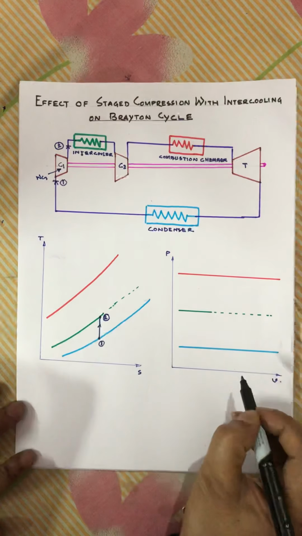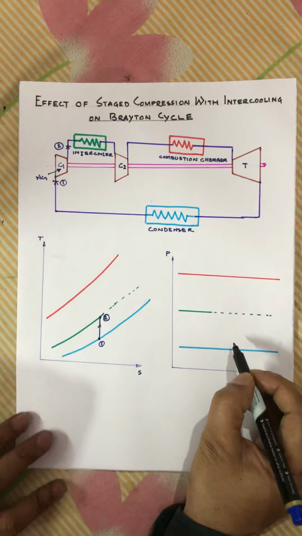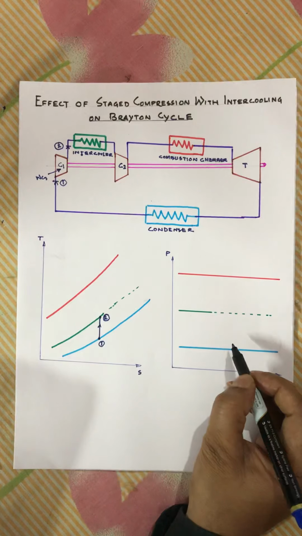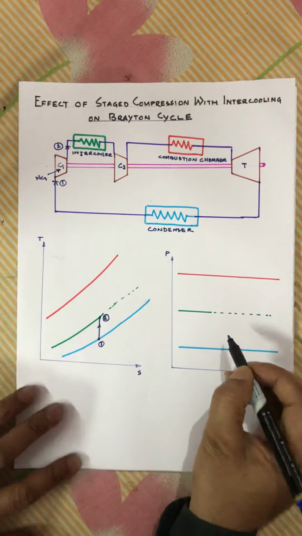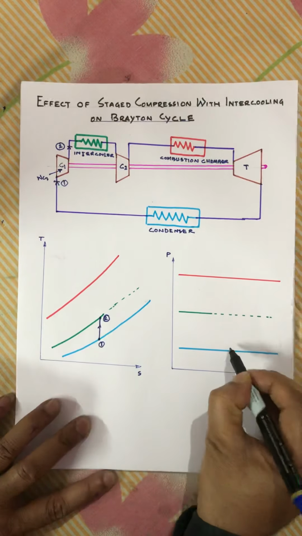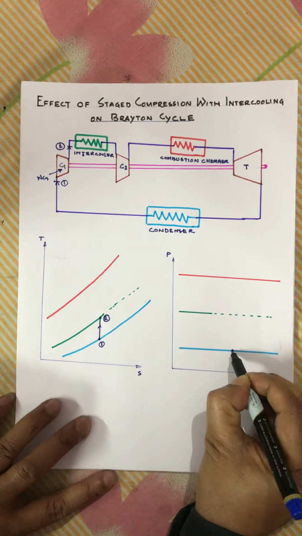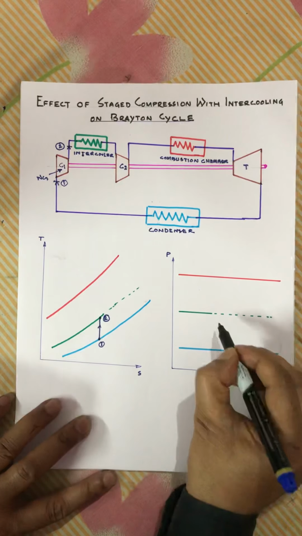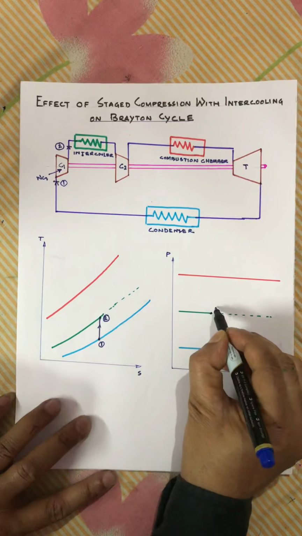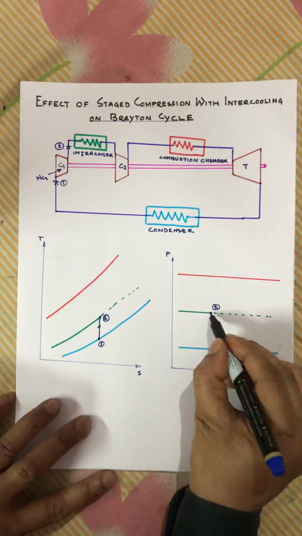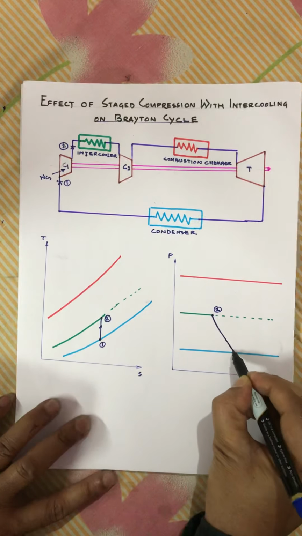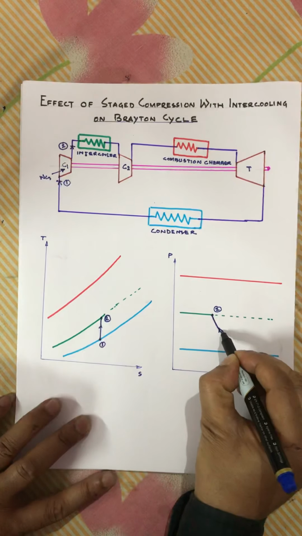In the PV diagram, we can also show the process. Suppose this is 1 and suppose this is 2. So this is the 1 to 2 process. This is a reversible compression process.